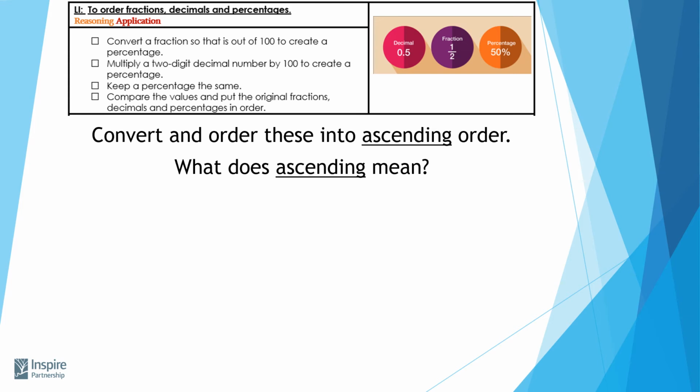So we are trying to make sure our numbers here go up in order, starting with the smallest to largest. When we are writing our answers out, we should have the smallest on this side, and we are going to move across to the largest on this side.